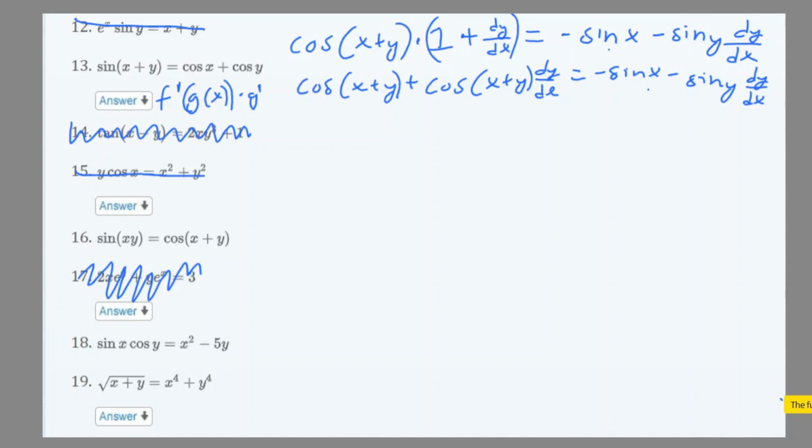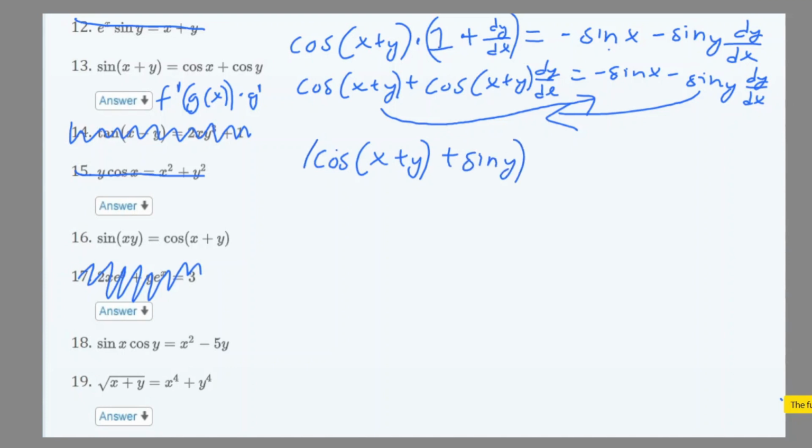So let's bring the dy dx to the left side and then everything else to the right side. So we want to bring the sine y dy dx to the left side, and then the cosine x plus y to the right side actually. So if we do that, we're going to have cosine x plus y plus sine y, and then that's going to be dy dx on the outside equals, and on the right side we're going to have cosine x plus y minus sine x.